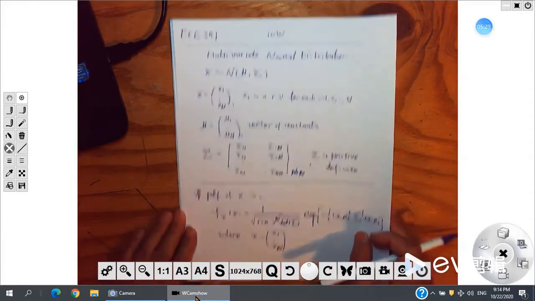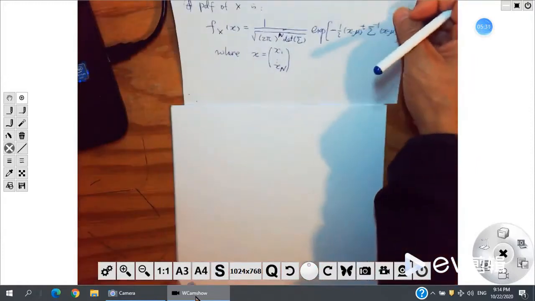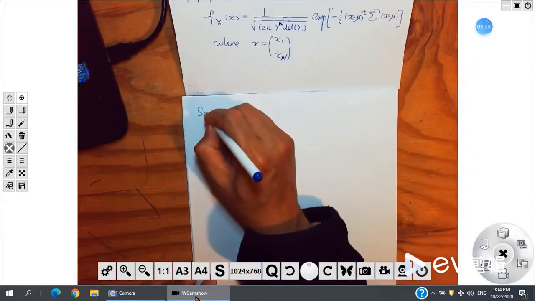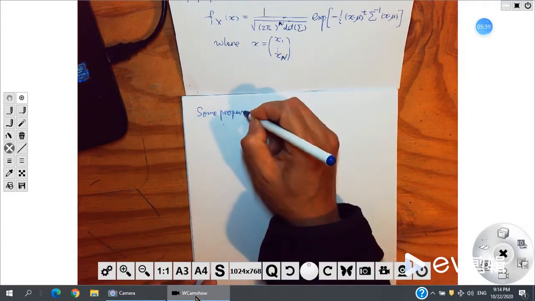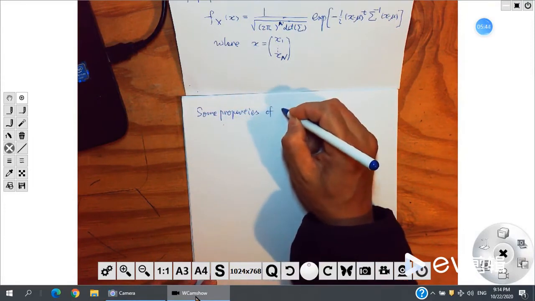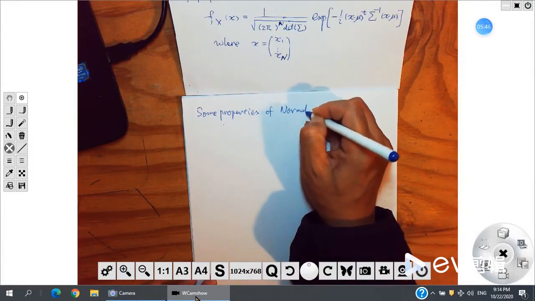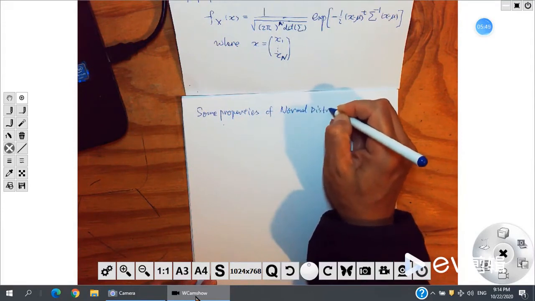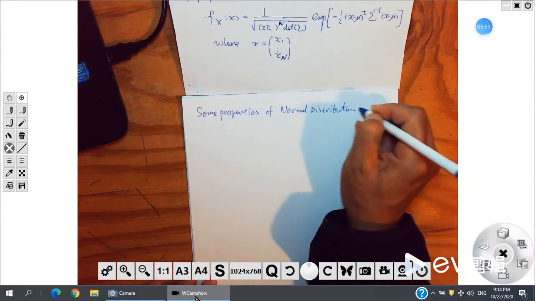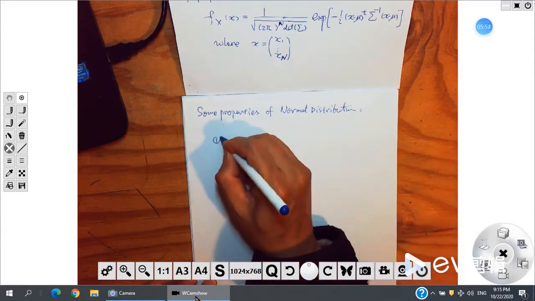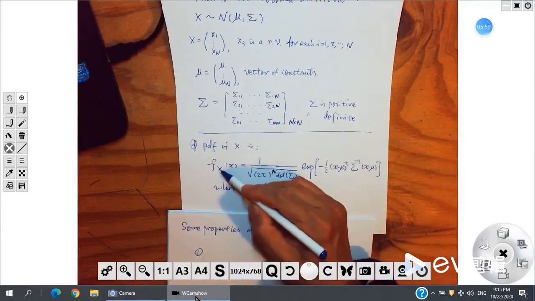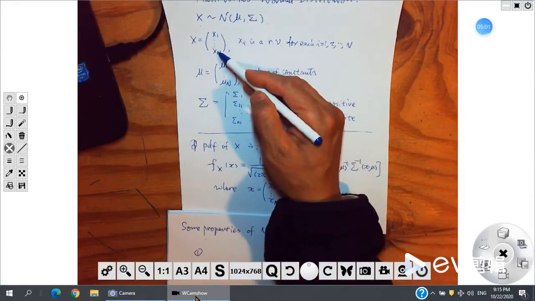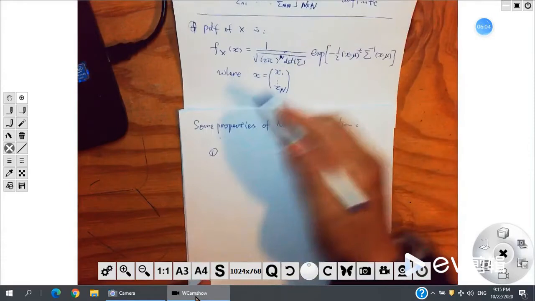Okay, for this one we have some good features, some properties of the normal distribution. The first one: here X is X1 to Xn. Then we can have those average values.